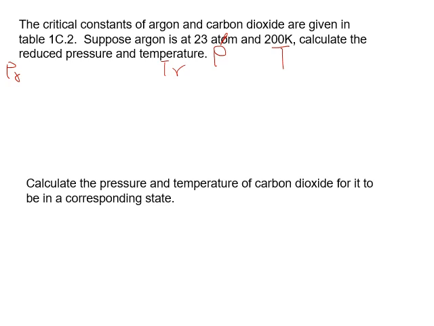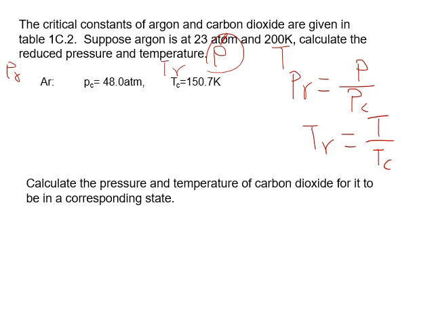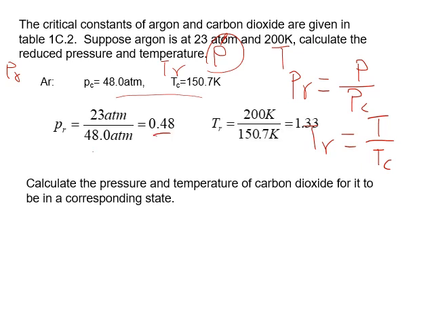According to the definition, reduced pressure is the pressure divided by critical pressure, and reduced temperature is the temperature divided by critical temperature. So first find the critical pressure and critical temperature from the textbook for argon, and then calculate reduced pressure, 23 divided by 48, which gives you 0.48, and the reduced temperature 1.33.